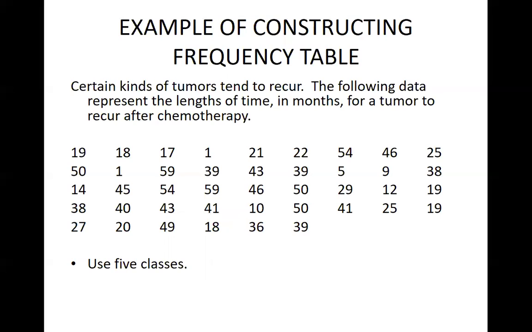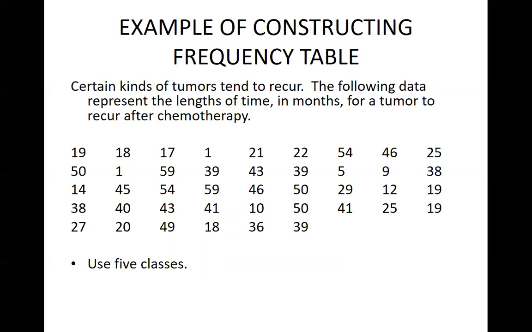So let's say there's been a study done, maybe checking the effectiveness of a certain type of chemotherapy on a certain type of tumor, whether it's lung cancer, breast cancer, or whatever. This would be how long it was before a tumor came back after they finished chemotherapy. Wouldn't you hate to be the guy that it was 1? Go through all of that, 1 month later, your tumor is back, okay? Some of these are much larger numbers.